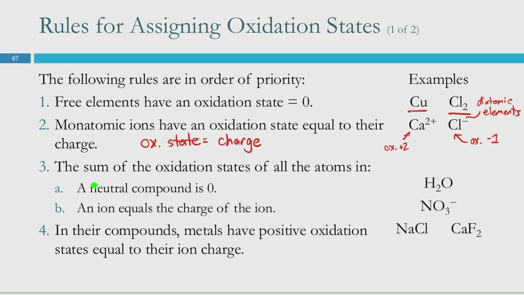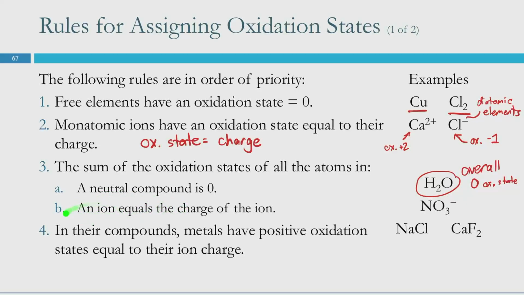The sum of oxidation states of all the atoms in a neutral compound is 0. So H2O has no charge. It's neutral. It's got an overall 0 oxidation state. So whatever the hydrogen has, whatever the oxygen has, those have to balance out so that the overall is 0.